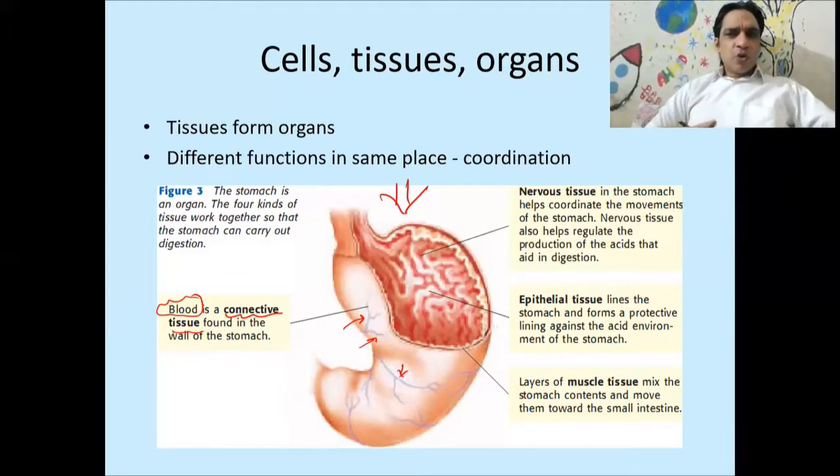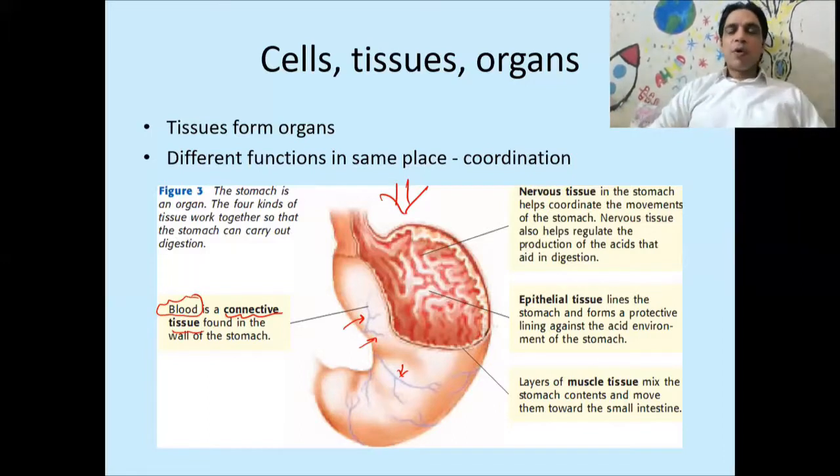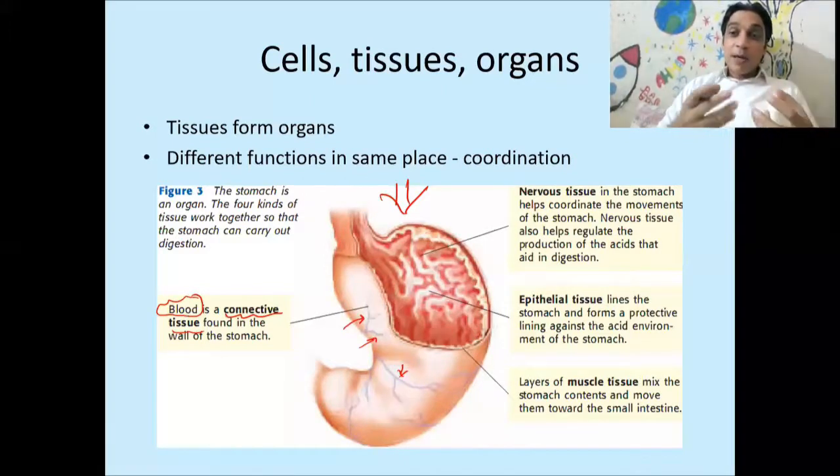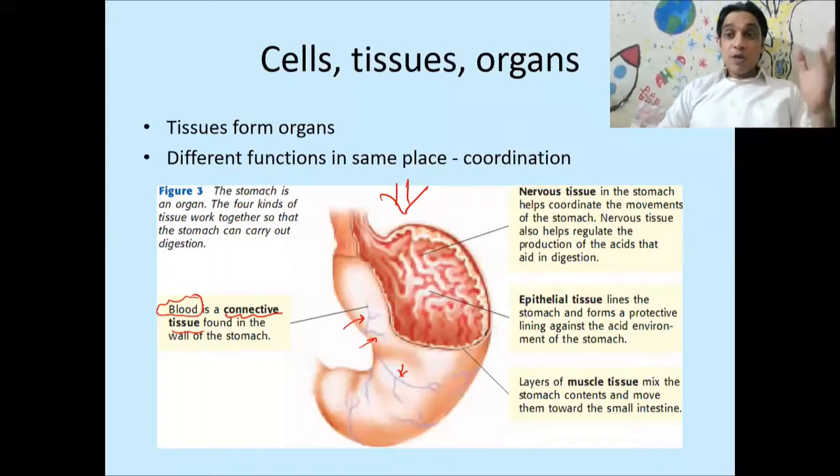Remember, blood is required by every cell of our body, because the blood brings the oxygen, which is required to produce energy. Blood brings the food, which is metabolized to produce energy. The blood takes away the carbon dioxide, the nitrogenous waste product and other waste products from the cells.